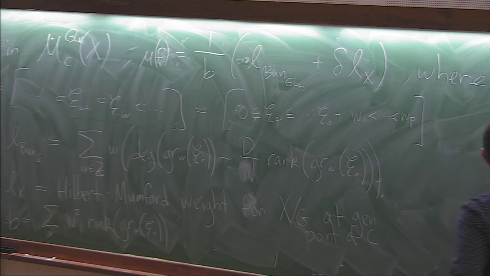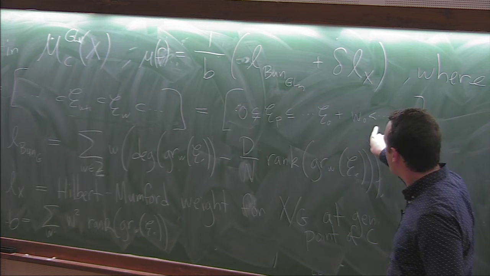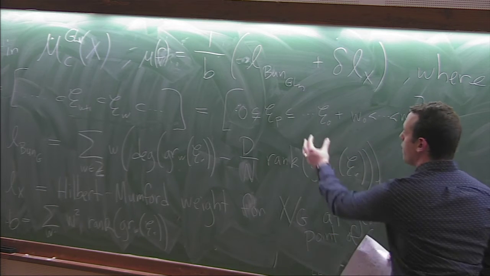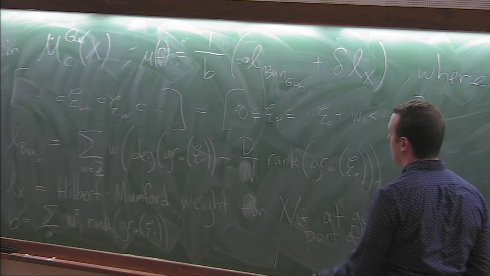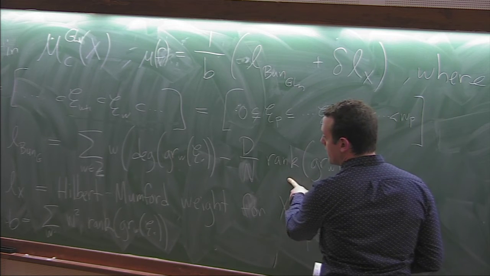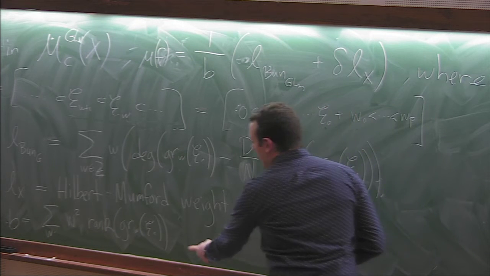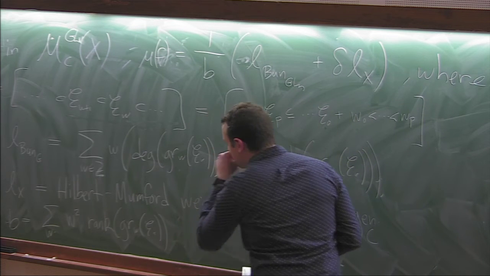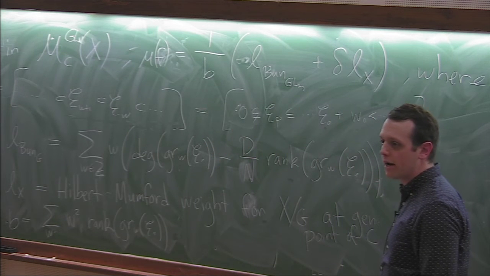So this is some number associated to any weighted filtration. And if I think of this as a function of the weights only, so I fix the underlying filtration of the vector bundle, then this is a linear function in the weights. This is going to be a piecewise linear function in the weights. And this thing is going to be a quadratic form in the weights, a positive definite quadratic form.